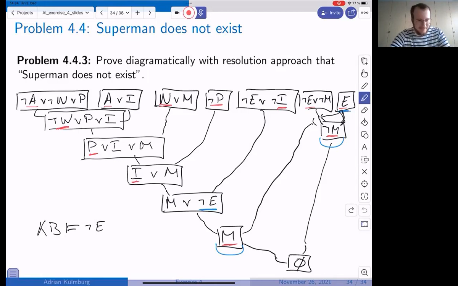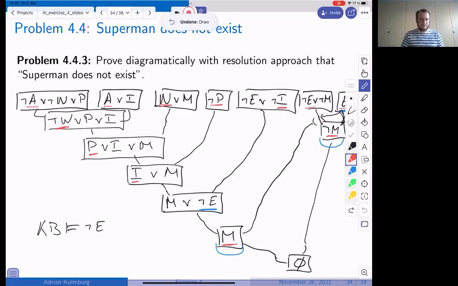Yes, you are correct. And then the last question, is there another way? Yes, there's actually another way to draw this diagram, but I'm not going to do it. You can do it yourself. I think it's rather at the end here. I think you can combine the E with this clause and then you do something a little bit different, but yeah.